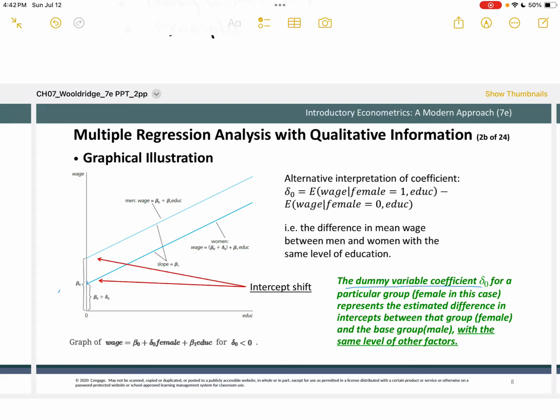So again, the dummy variable coefficient delta 0 for females in this case represents the estimated difference in intercepts between the females and the base group males with the same level of all other factors such as education.